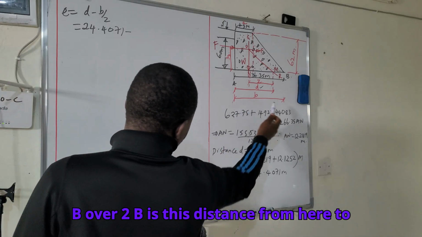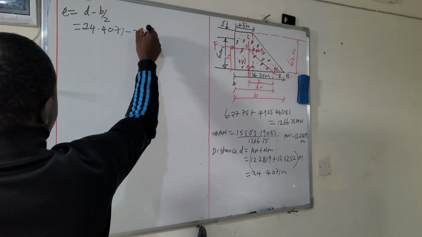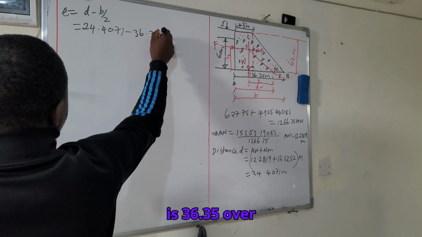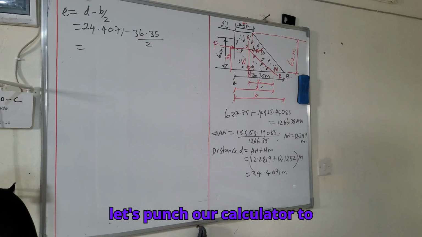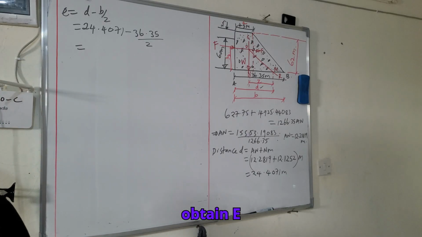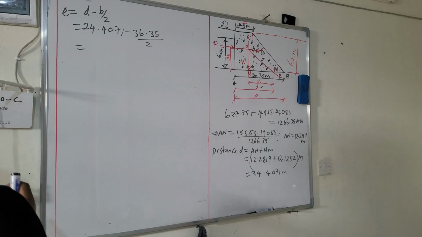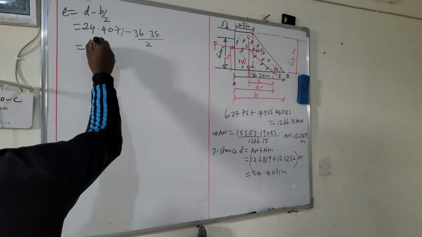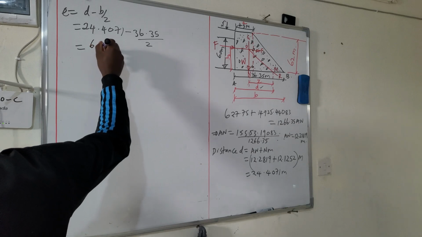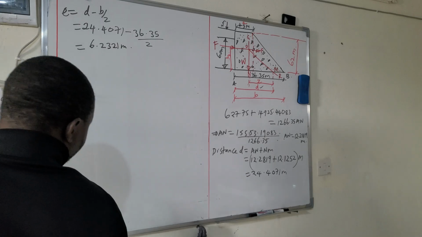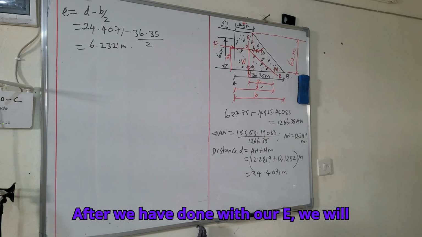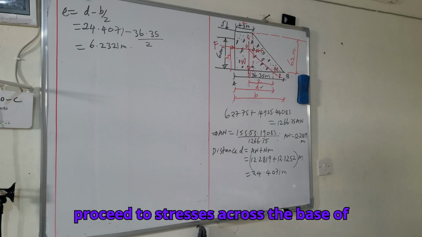B is this distance from here to here, which is 36.35 over 2. So let's punch our calculator to obtain E. So our E is 6.2321 meters.